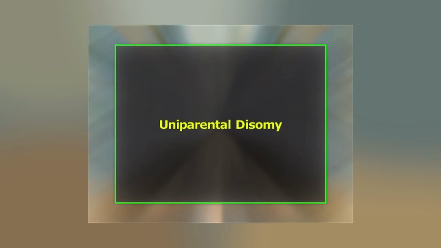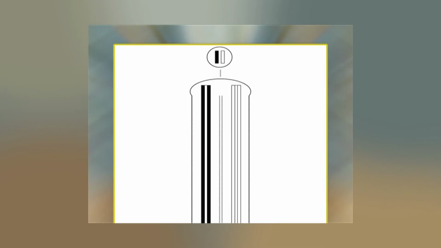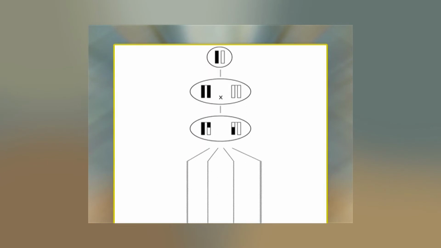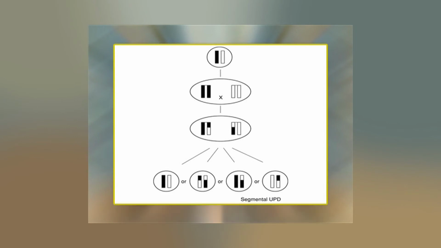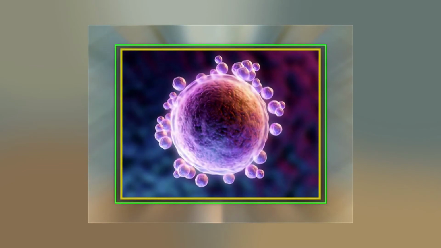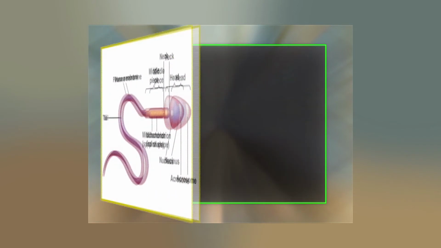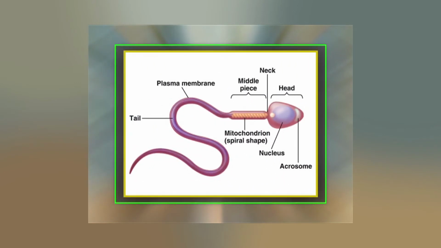The next part of deviation from basic pedigree is uniparental disomy. Uniparental disomy occurs when a person receives two copies of a chromosome or part of a chromosome from one parent and no copies from the other parent. Uniparental disomy can occur as a random event during the formation of egg or sperm cells or may happen in early fetal development.